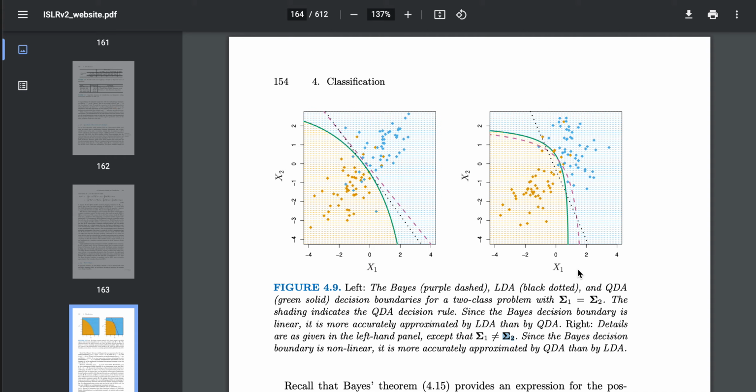But since we don't have an oracle and we estimate everything from the data, QDA, which is green solid, is going to be slightly different than the Bayes decision boundary. And if the amount of data that we had here and here would increase tenfold or 100-fold, these two curves would get closer and closer to each other.